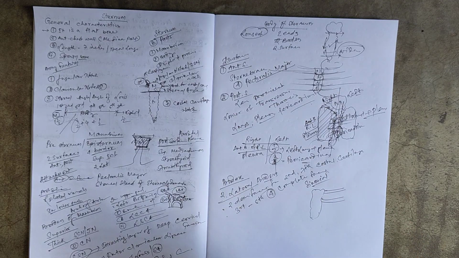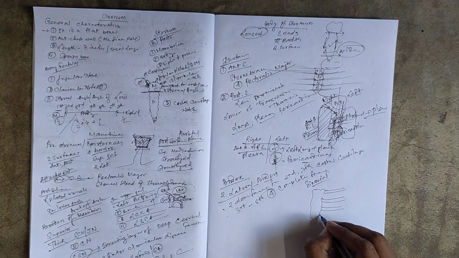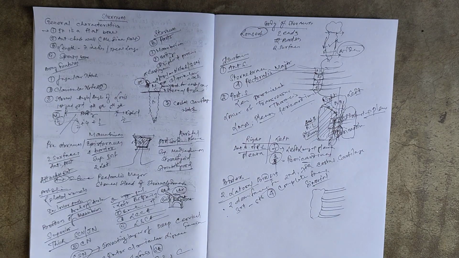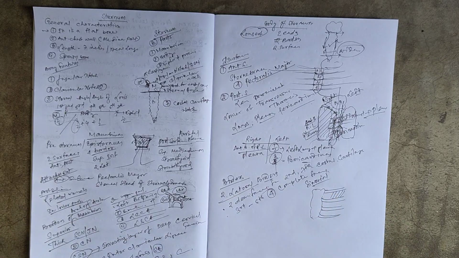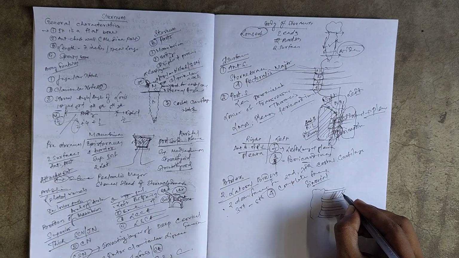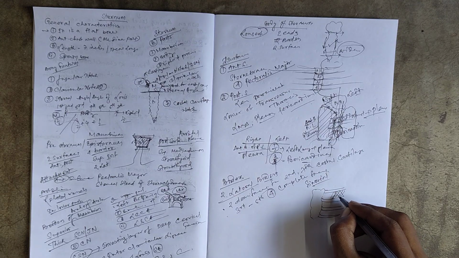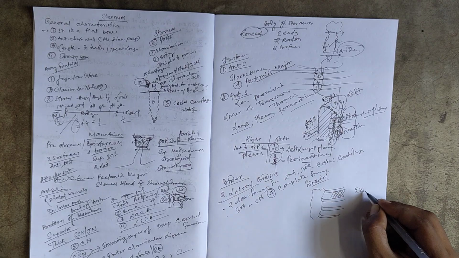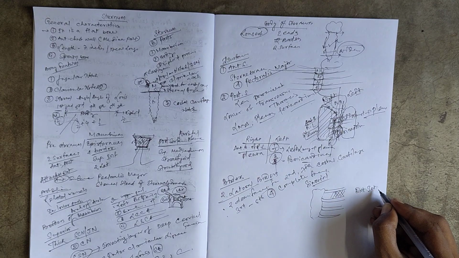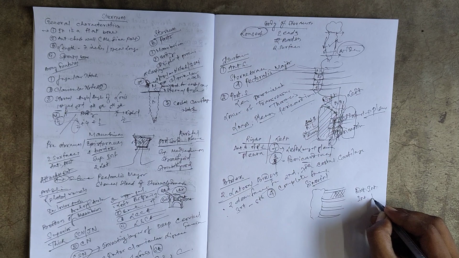These are ribs. In between these, we know that there are muscles, the intercostal muscles. So there are external intercostal muscle and internal intercostal muscle.